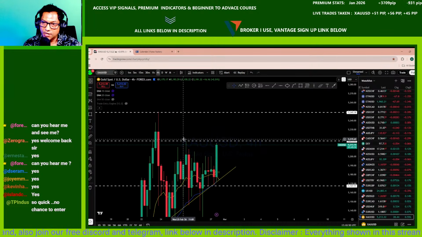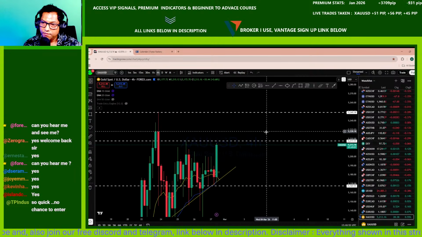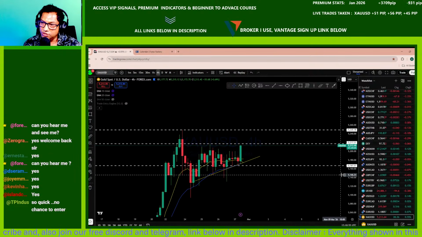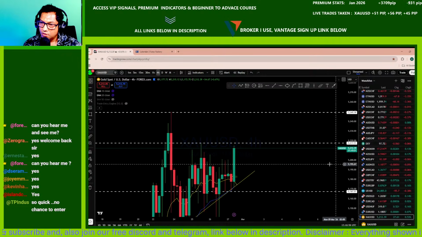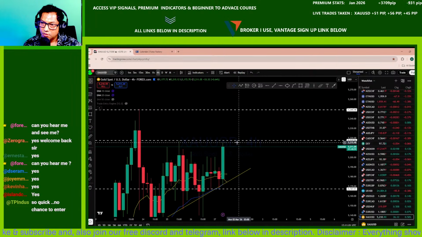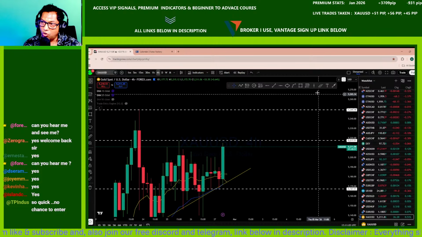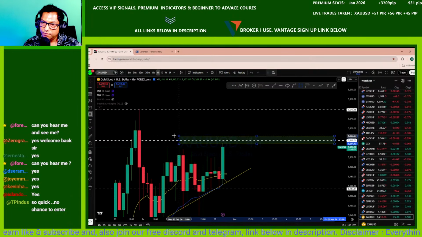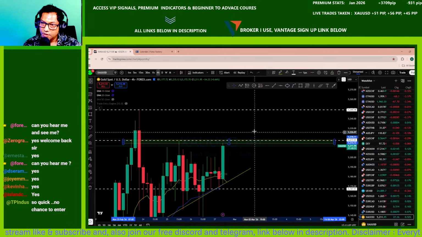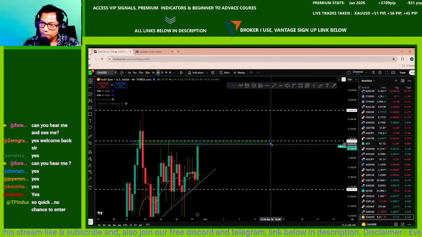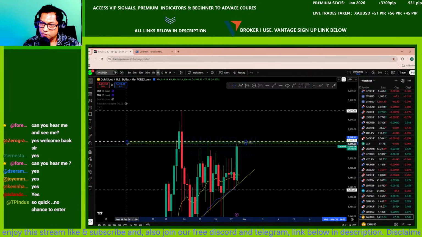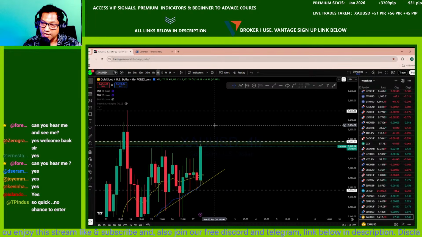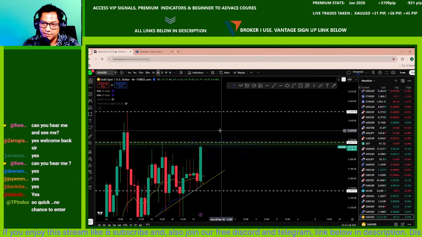And this is the level that the market is going up to, and we are looking for this price action to show up. The market may cross that level here, and we will be looking for the market to show that entry back to the upside here in that area.